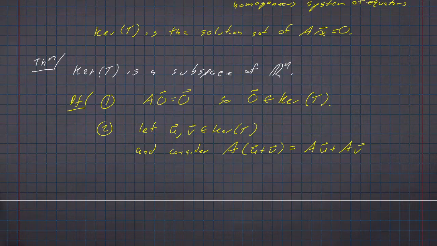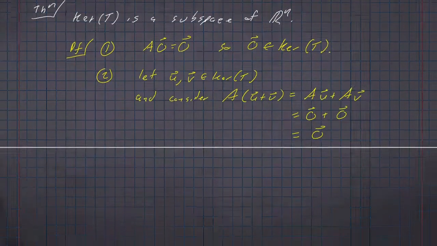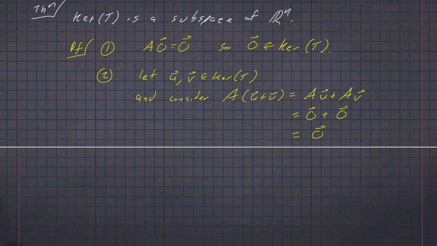And from here, by the definition of being in the kernel, A times a vector in the kernel has to give us the zero vector. And if you add the zero vector to itself, you get out the zero vector. Since A times this sum is the zero vector, u plus v also satisfies the homogeneous system of equations. So u plus v is also in the kernel of T.